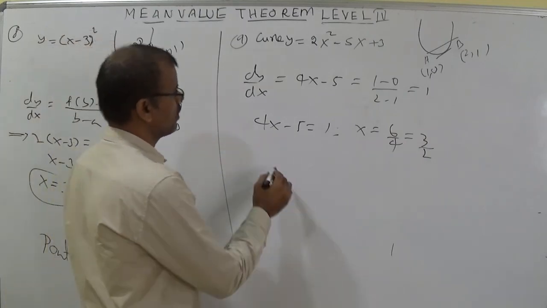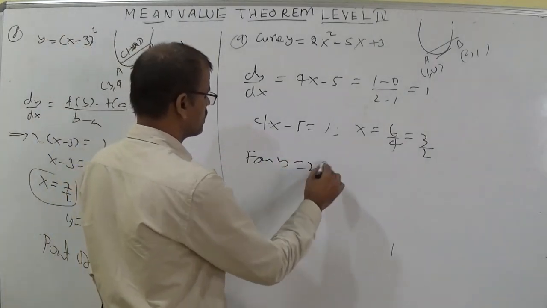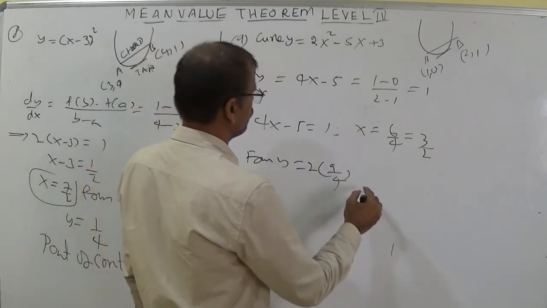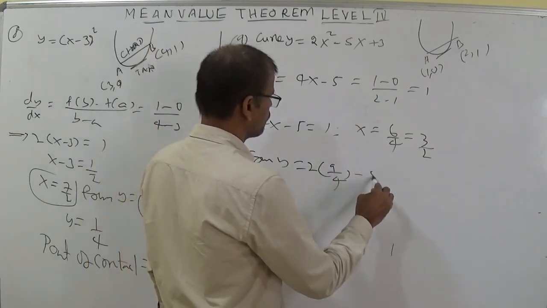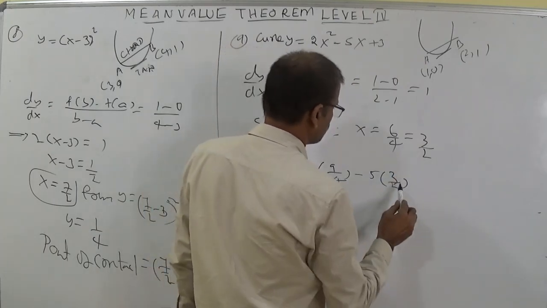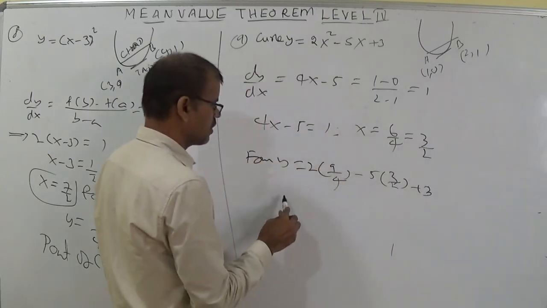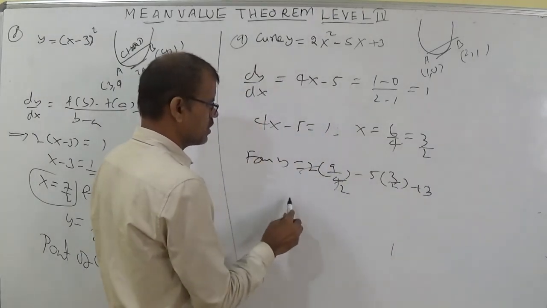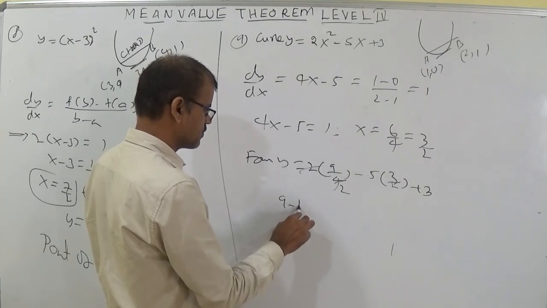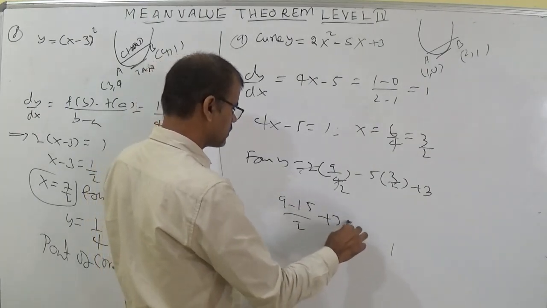Two options are there. So substitute the value in y. Substitute the value: 2 into 9 by 4 minus 5 into 3 by 2 plus 3. 2 into 9 by 4, this is 9 by 2. 9 minus 15 by 2 plus 3. 9 minus 15 is minus 6.